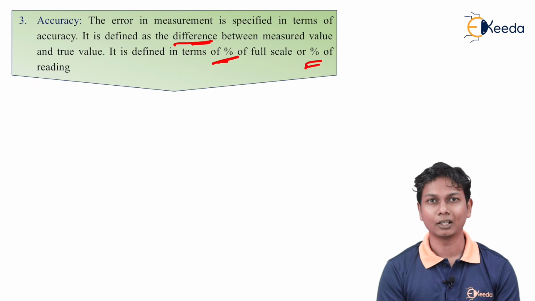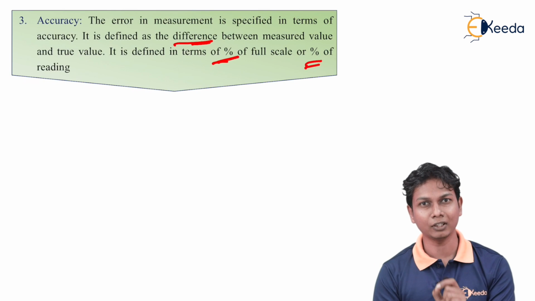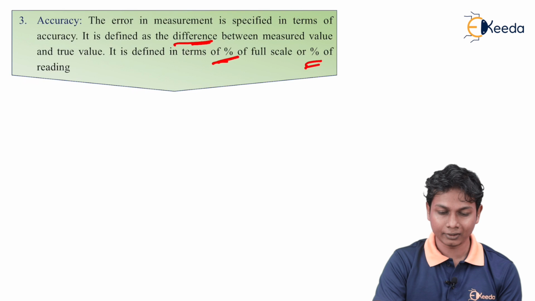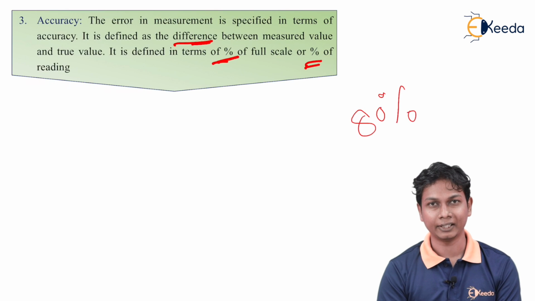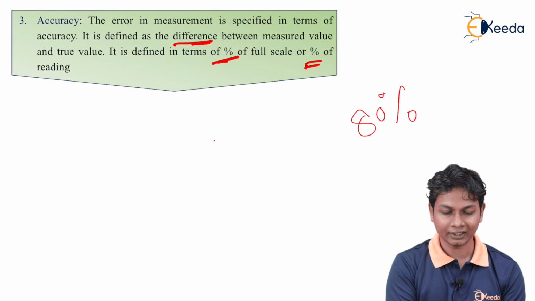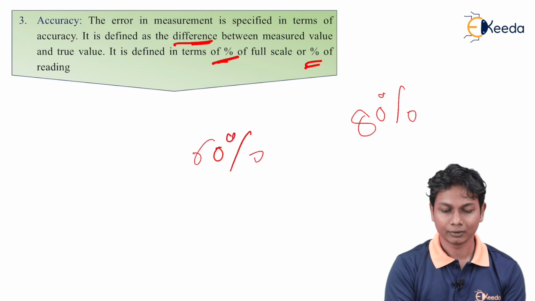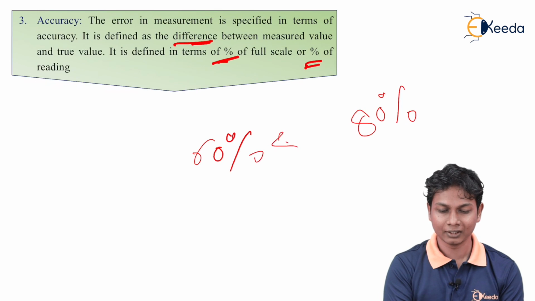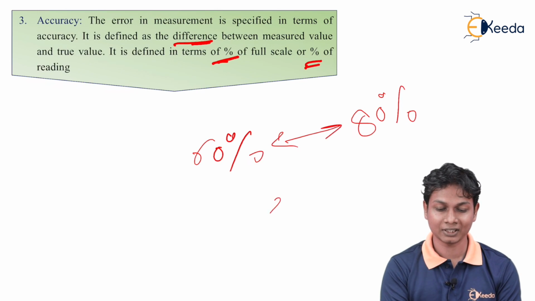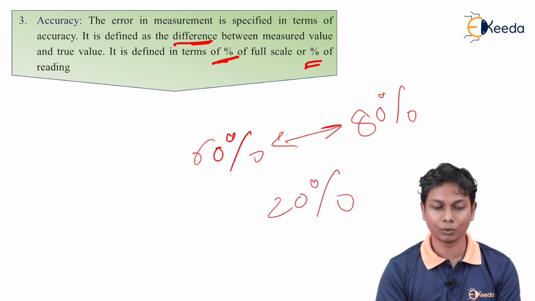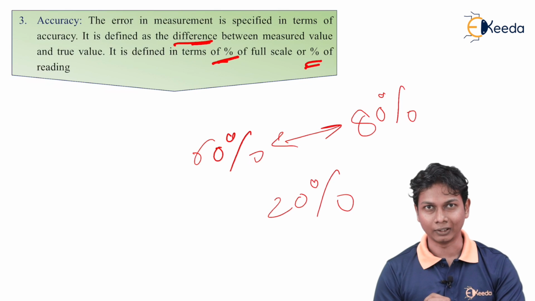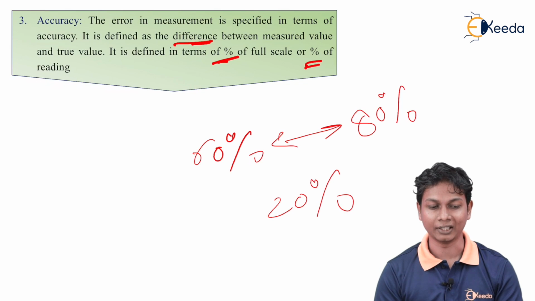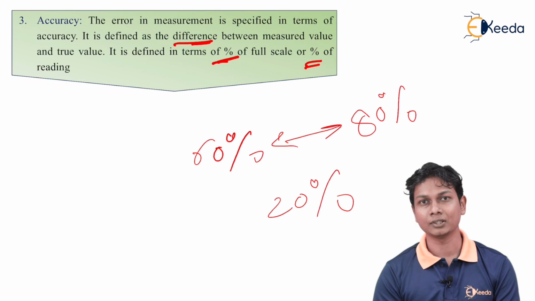We can consider a particular sensor having 80% accuracy, but if it is calculated ideally, we can consider it 60%. So the difference between 80% and 60% is 20%. So the difference between the true value and actual value is 20%, and that is called the accuracy of a sensor.